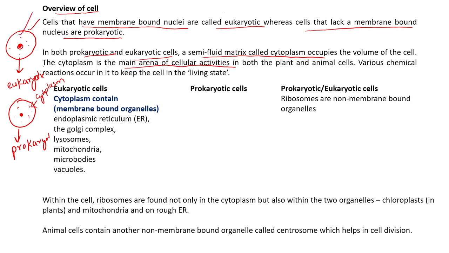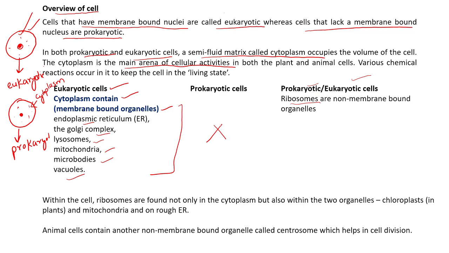And in eukaryotic cells, other than cytoplasm, there are other membrane-bound organelles, which are endoplasmic reticulum, Golgi complex, lysosomes, mitochondria, microbodies, and vacuoles. In prokaryotic cells, these organelles are not present, but in both prokaryotic and eukaryotic cells, ribosomes are present.